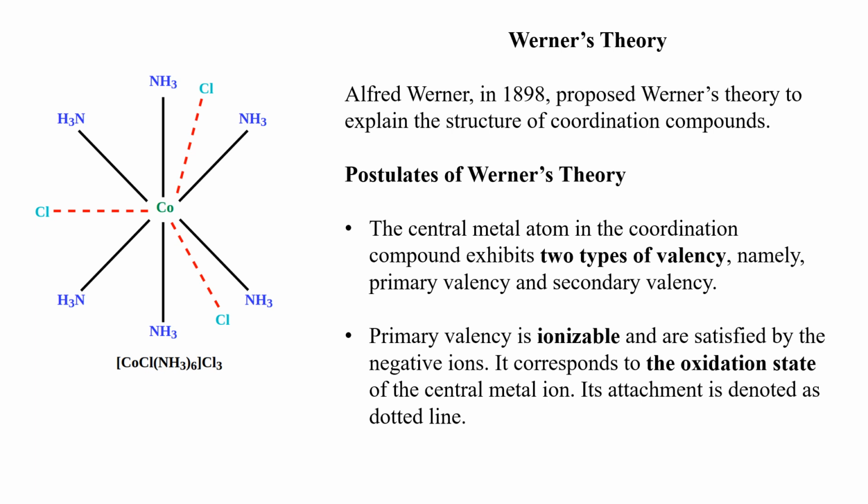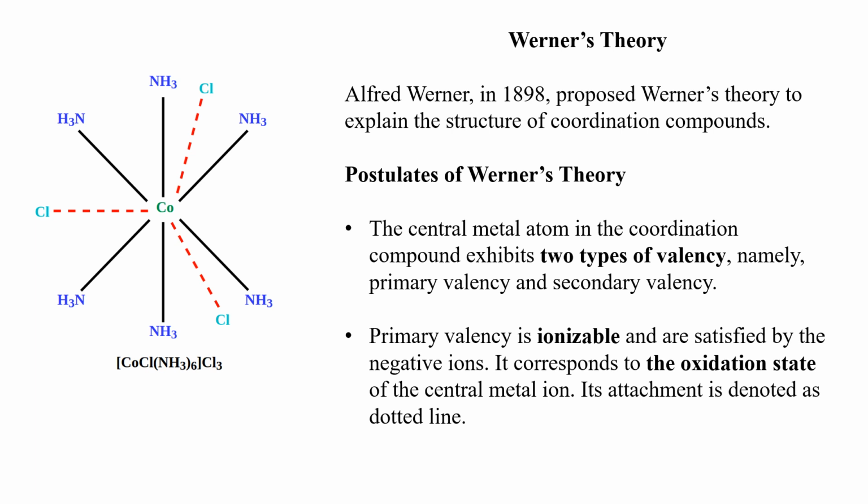The central metal ion, according to coordination theory, has two types of valencies: primary valency and secondary valency. That is the ultimate concept of Werner's coordination theory. So what is the difference between primary valency and secondary valency? The primary valency is actually ionizable valency.